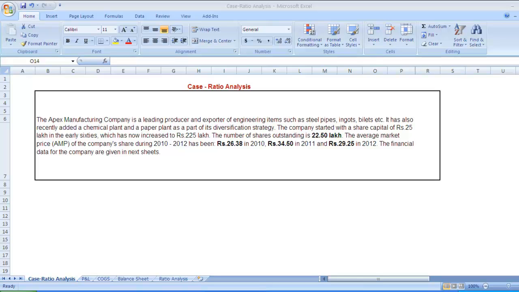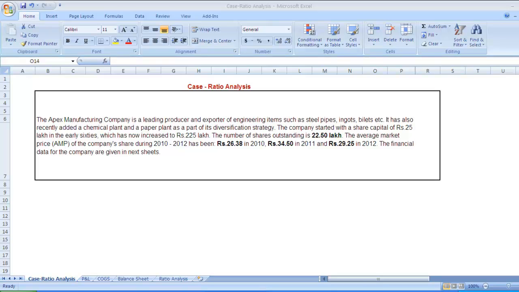The number of shares outstanding is 22.50 lakh. The average market price or AMP of the company's share during 2010-2012 has been rupees 26.38 in 2010, rupees 34.50 in 2011, and rupees 29.25 in 2012. The financial data for the company are given in the next sheets.